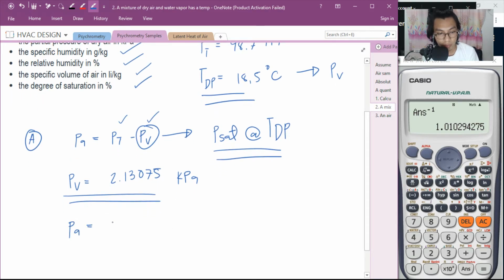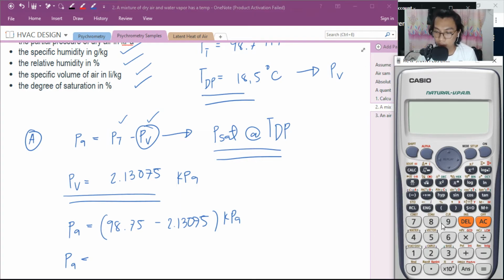We can now solve for PA, which is equal to 98.7 minus 2.13075 kPa. What is the value of your PA? 98.7 minus 2.13075.